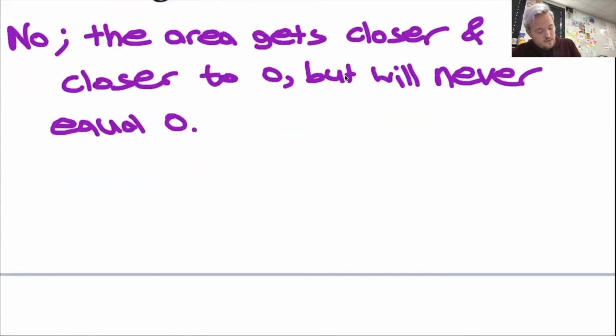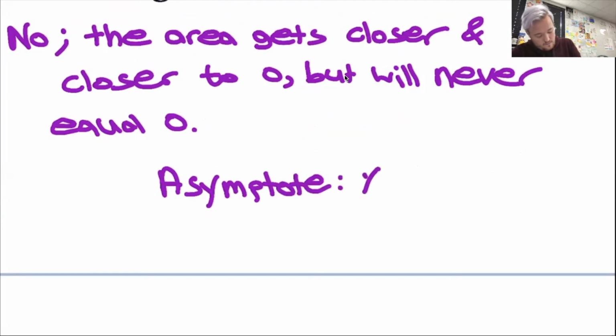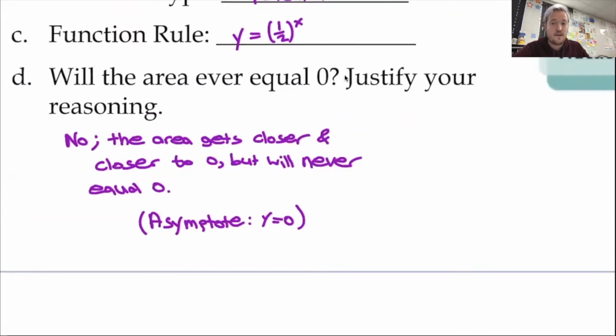All right, so kind of a bonus here is it's the idea of an asymptote. And the actual asymptote here is y equals 0. It's getting closer and closer to 0, but it never actually equals 0.